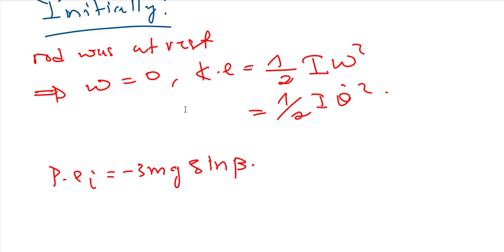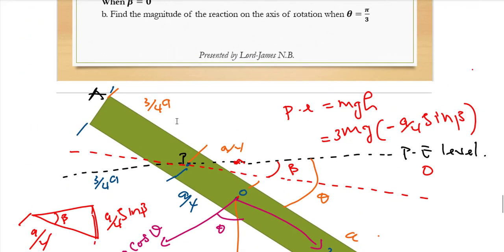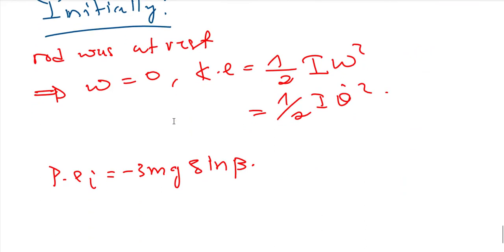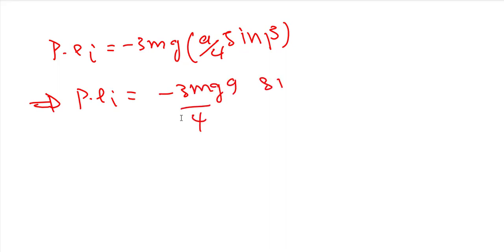Now, the next thing that we are supposed to do, let's write it in a beautiful way. This means PE initial will be equal to negative 3mga/(4 sine beta). So that's what we have as PE initially.